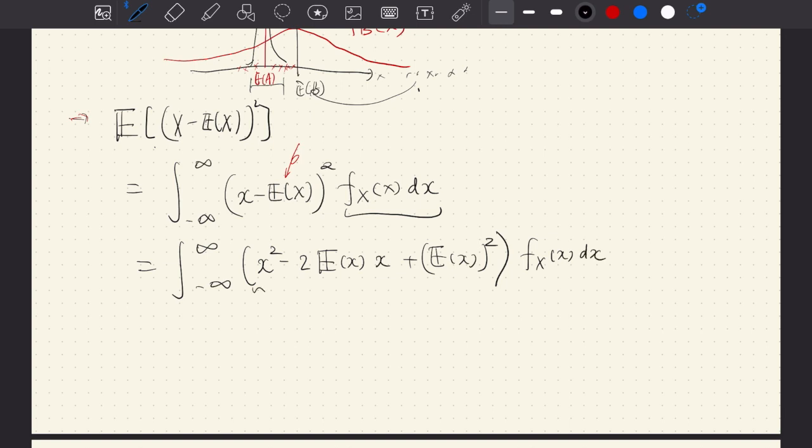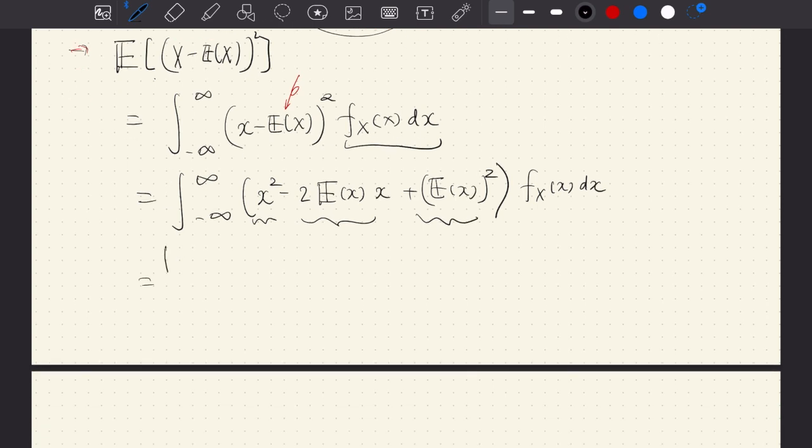Now you can split up these three terms. The first one would be integrating x squared times f_X of x dx, and the second one would be negative 2. We take it out, and E[X] we also take it out, because we know that E[X] is just a number here. Sorry, here X should be a capital. So the expectation of X is actually a number, so you can kick it out of the integral.